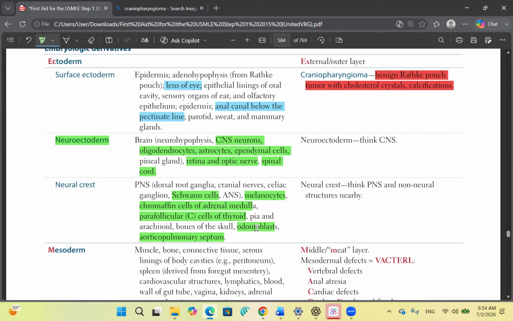Then there'd be odontoblasts, which form teeth in the mouth, and below that is the aorticopulmonary septum. It's like you go from the back of your body, the dorsal surface, to the top of it, and then downwards. And at the very bottom we have the chromaffin cells of the adrenal medulla.